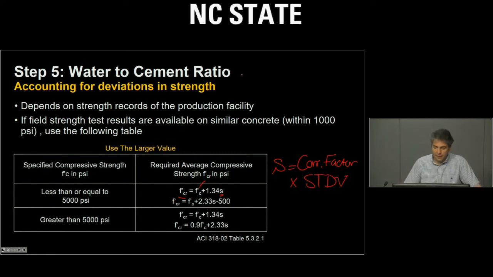Okay? And we will use that in both equations, and of course we will use the larger value between them. That's pretty straightforward. Remember that that has to be for concrete with similar strength, which means within 1,000 psi of the concrete that we are designing.